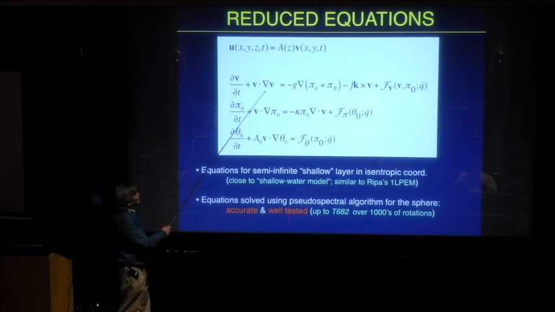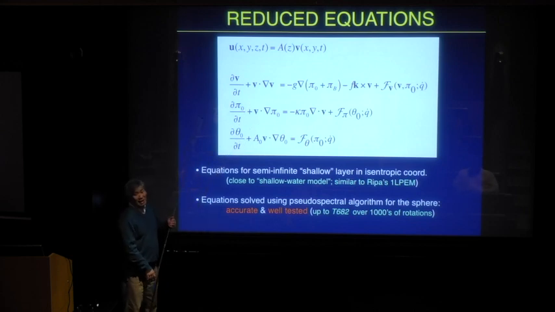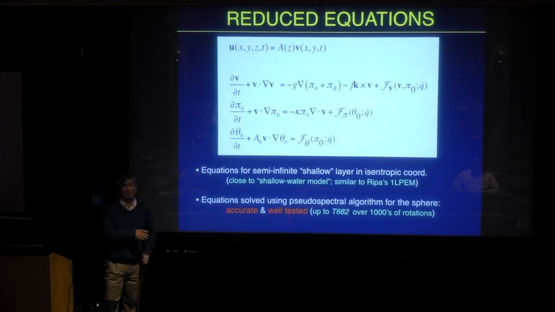You assume the flow can be decomposed into a vertical and horizontal part, and vertically integrate the primitive equations that I just showed you. What you wind up with is a set of 4 equations, one for the horizontal winds, and one that's sort of a temperature or pressure-like term, and this is the equation for entropy, if you will.